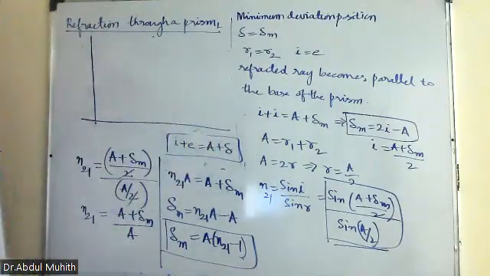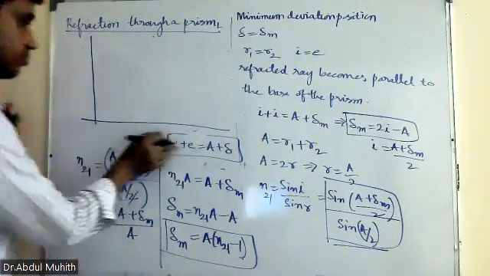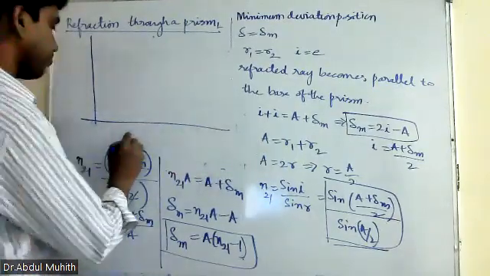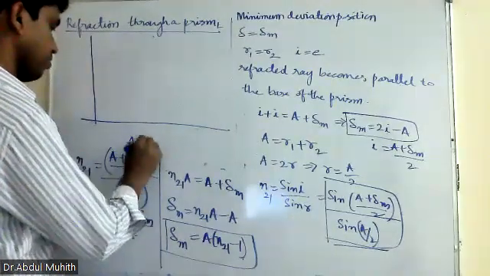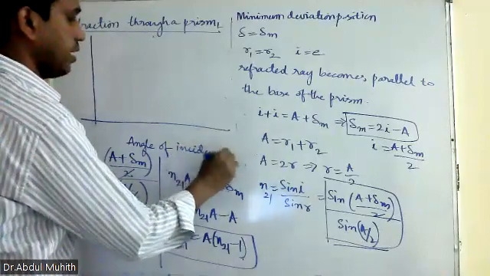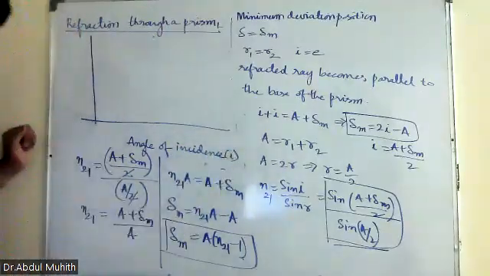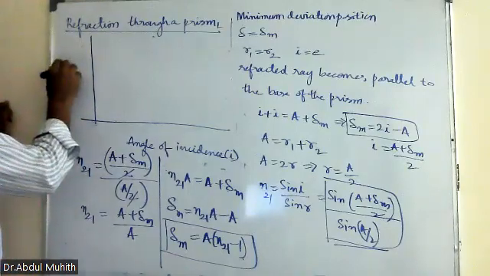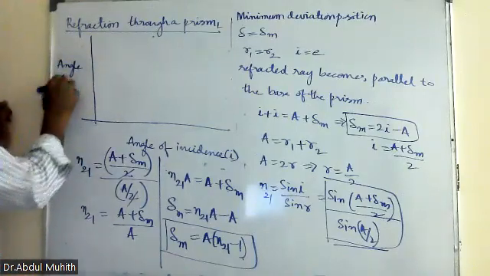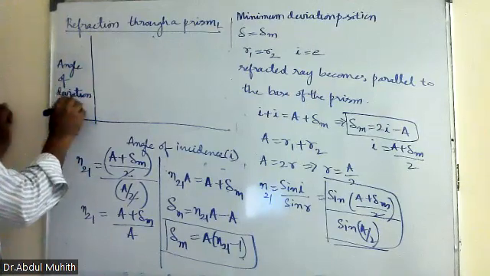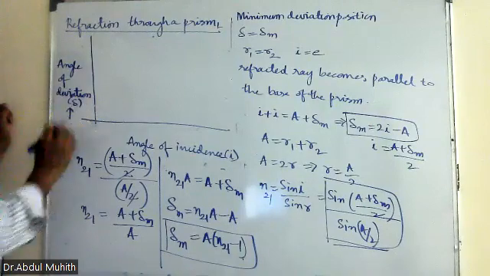On one axis we have the angle of incidence, which is i, and on the other the angle of deviation, delta.